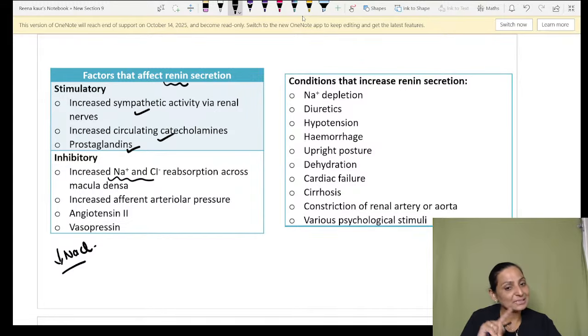The conditions which cause renin secretion are decrease in sodium, hypotension, hemorrhage, upright posture, dehydration, diuretics, to be remembered.